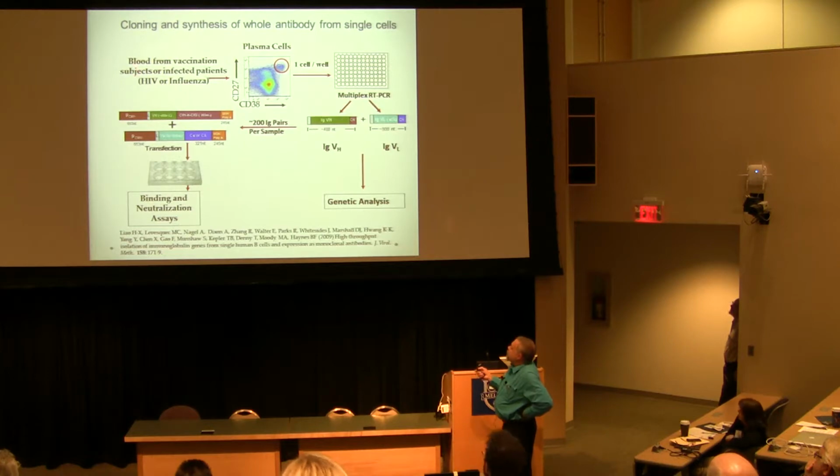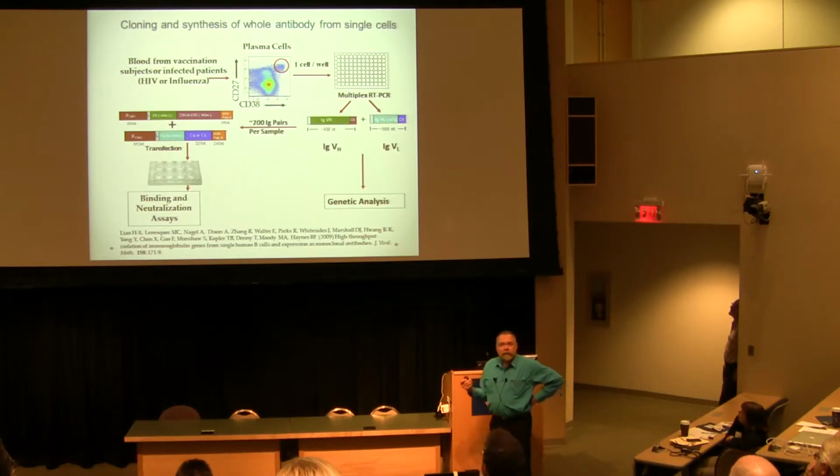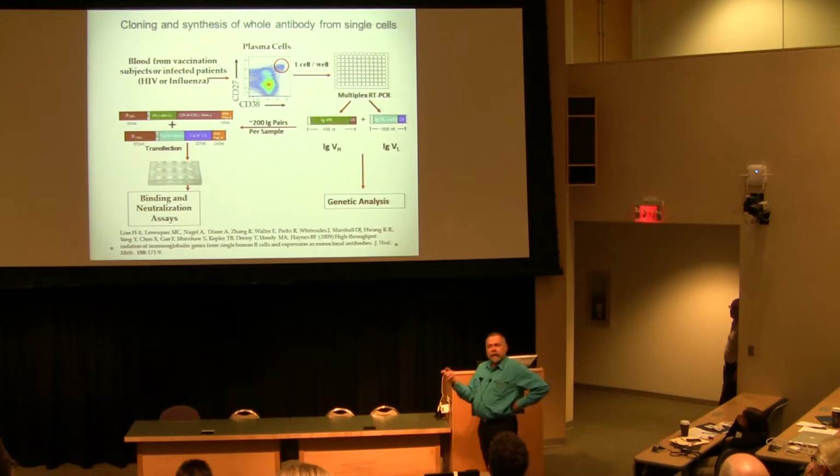Here, what they do is they take blood from patients from whom they want to isolate antibodies, and they use flow cytometry to sort out plasma cells. They then distribute these plasma cells into multi-well plates, one cell per well, and then they use a multiplex RT-PCR to amplify the immunoglobulin heavy and light chain gene pairs.